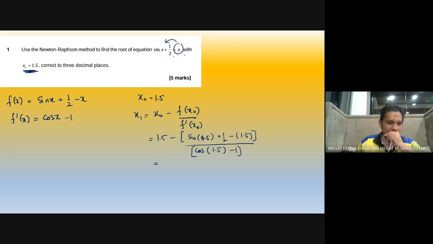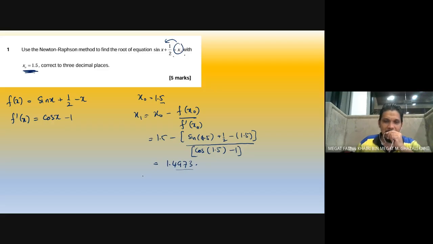Use your calculator, and this gives you 1.4973. So 1.5 and 1.4973 are not equal at the three digits after the point.